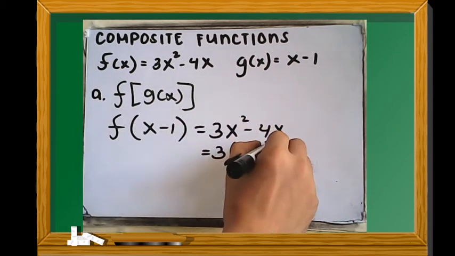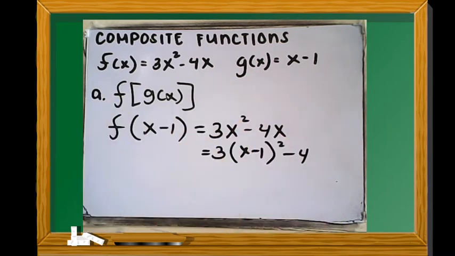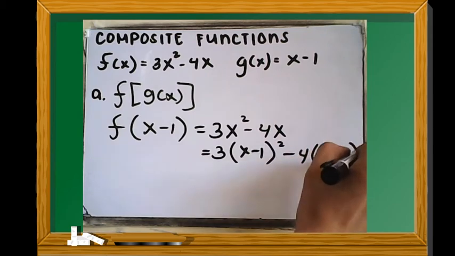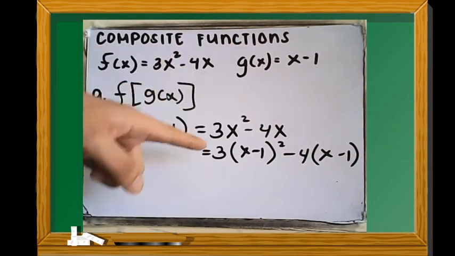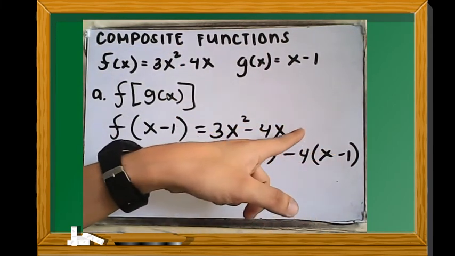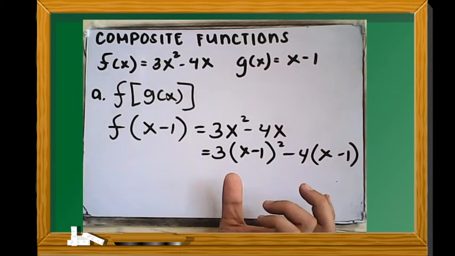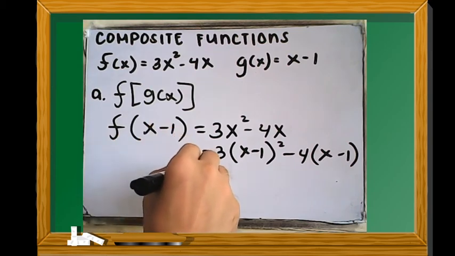And then square, minus 4, and then again change it to x minus 1. So all the x's were replaced with x minus 1. So here for x, it was replaced with x minus 1. And then just perform the operation.